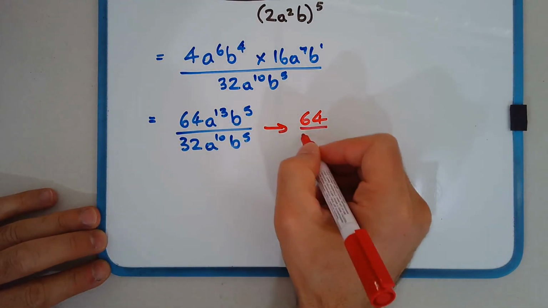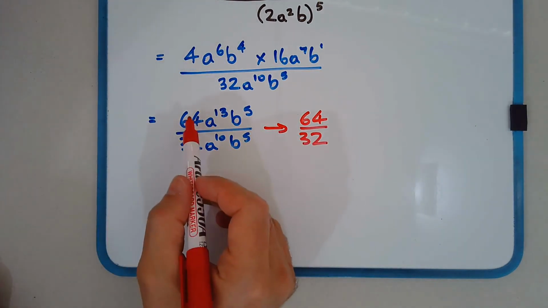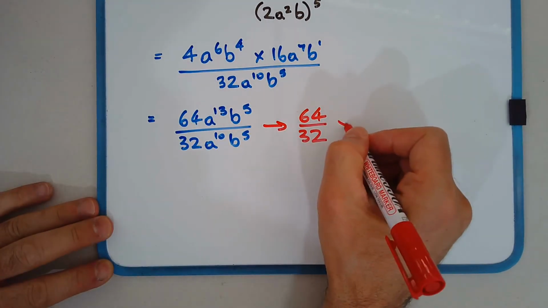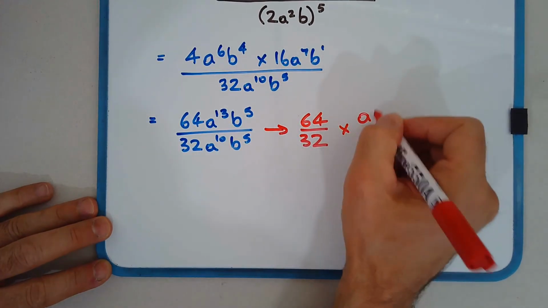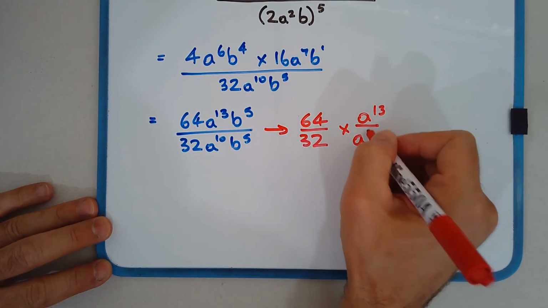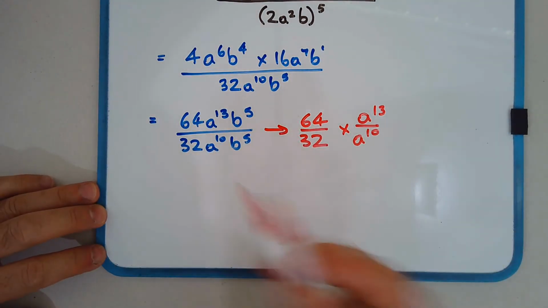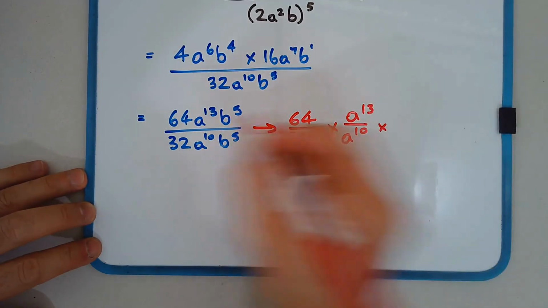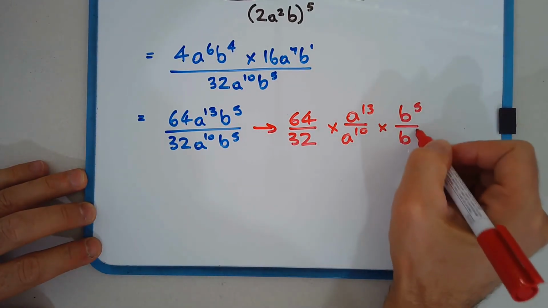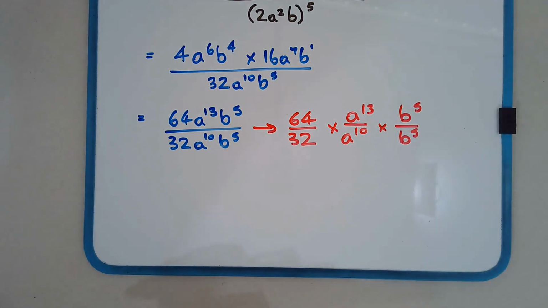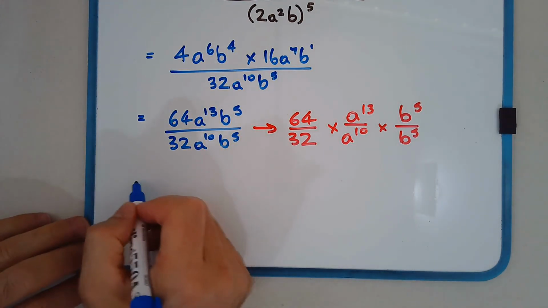Let's express the numbers first on their own: that's 64 on 32, multiplied by a to the 13 on a to the 10, multiplied by b to the power of 5 over b to the power of 5. I'm representing this fraction as a product of 3 fractions. Now clearly we can see that last one equals 1, since any term divided by itself is 1, except it doesn't happen with 0. 0 divided by 0, we don't know what that answer is. It's undefined. So let's keep going.